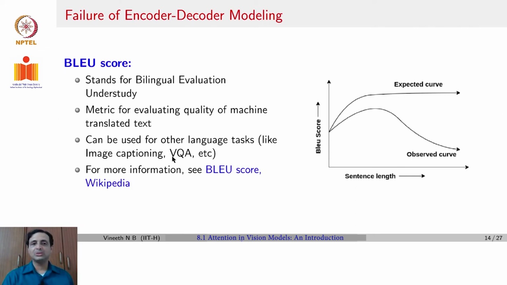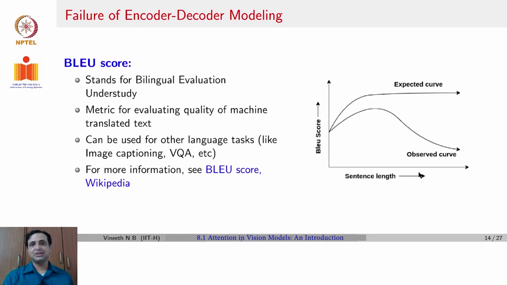And when one looks at the BLEU score, one observes that as the sentence length increases, while the expected curve is that you should get a high BLEU score after a certain sequence length, unfortunately, as the sentence length goes further beyond a threshold, the BLEU score starts falling down.